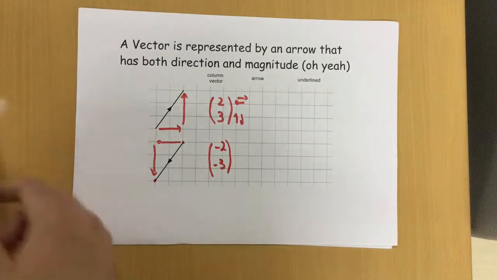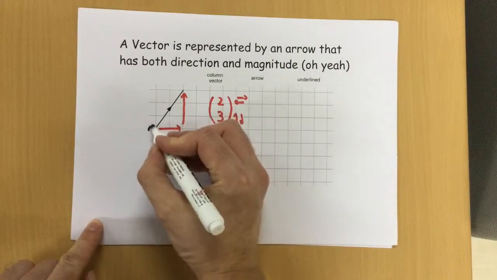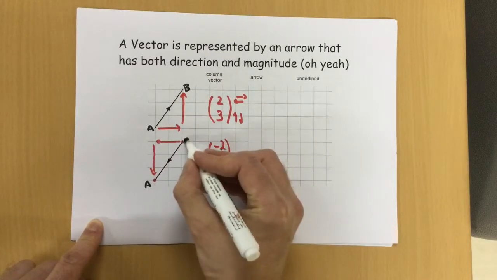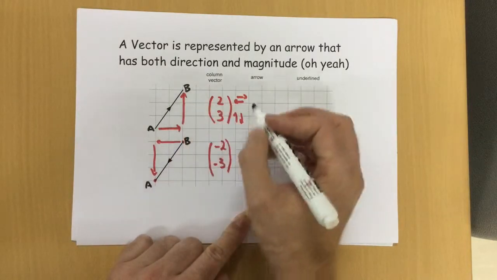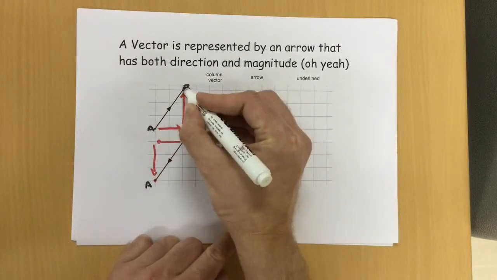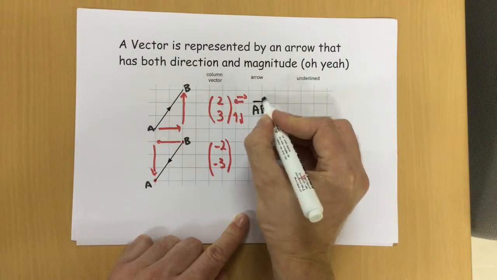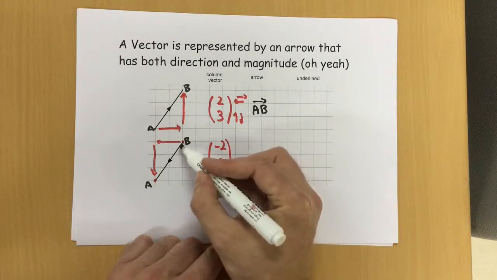Now, how do we name these vectors? Well, let's label this A and B, and label this one A and B. We could say this vector here is going from A to B. So we write AB, and we're going in that direction. Whereas this one, the arrow is going this way.